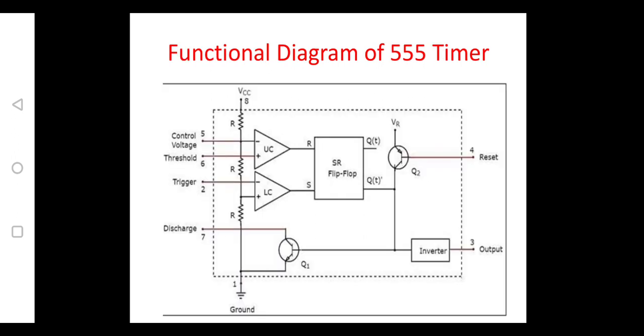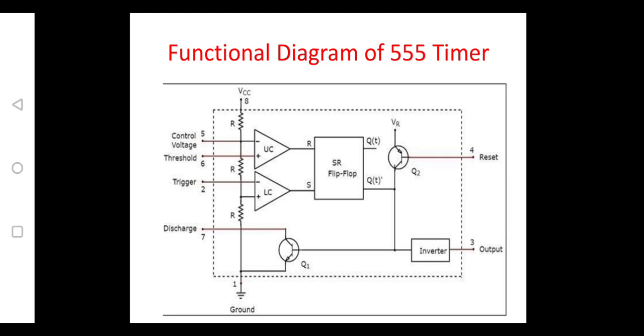This is the functional diagram of a 555 timer. If we observe this circuit, it basically consists of 4 different blocks. The first block is the potential divider network, which consists of 3 resistors of equal value.